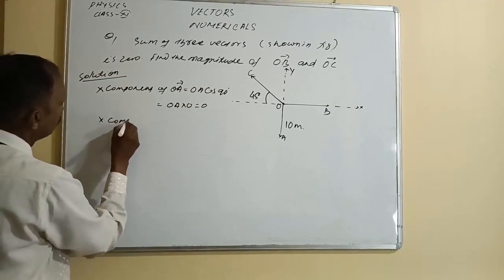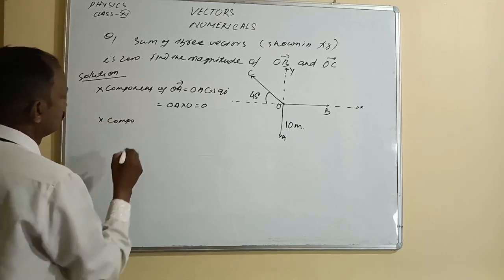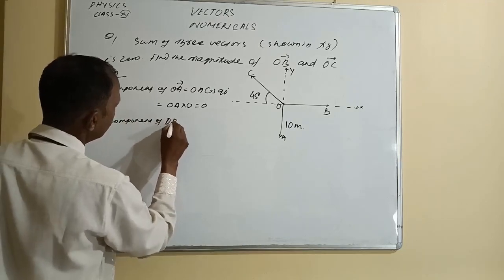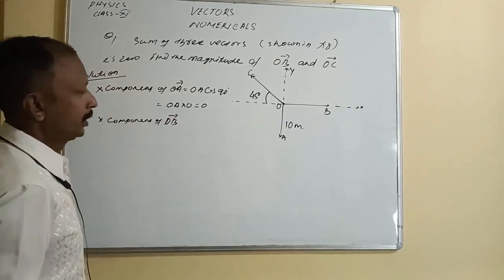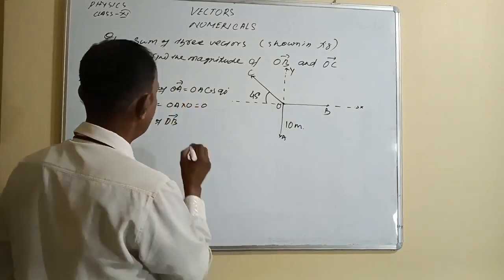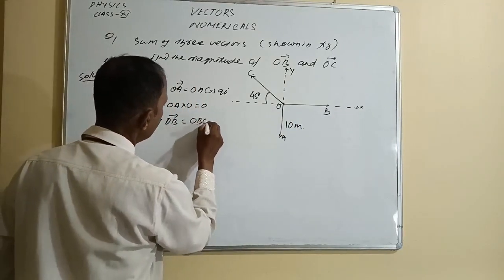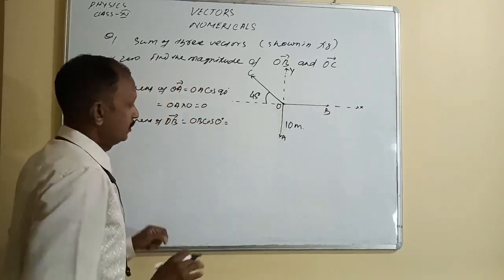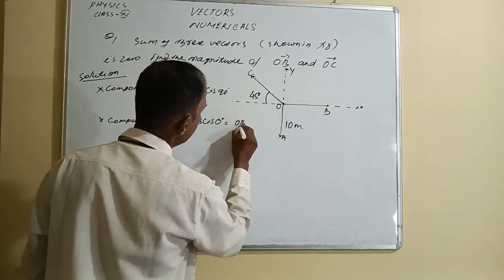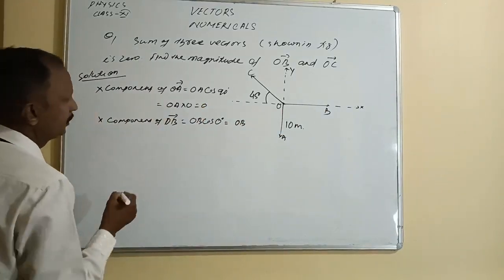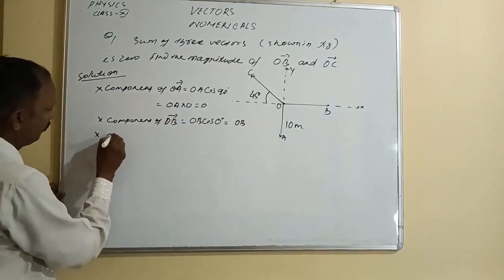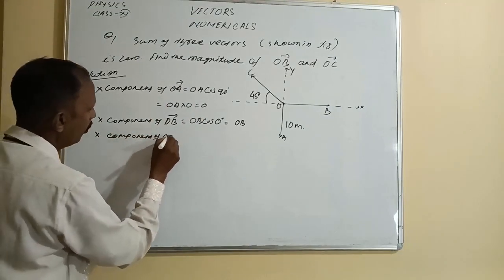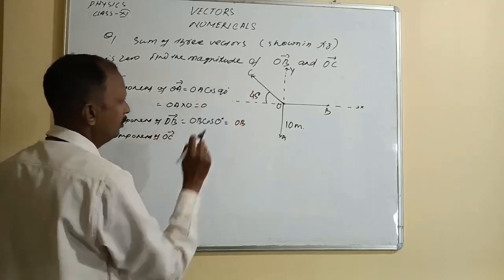The x component of OB, how much is it? This is OB cos 0 degree, because it is itself the x-axis. So I can write this is equal to OB. Similarly, I can write the x component of OC.